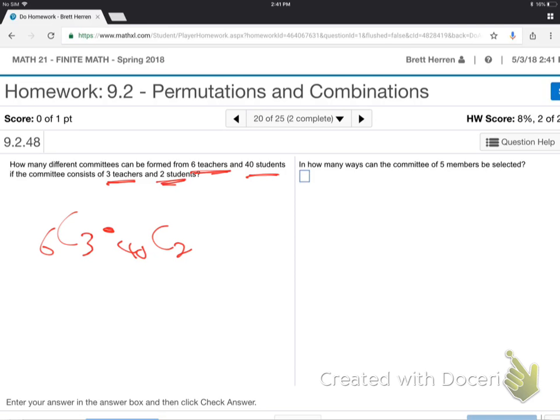We're picking a committee. Out of the 6 teachers, we got to pick 3. Out of 6, choose 3. And out of the 40, choose 2 students. And you times those together. We're always multiplying when you do more than one thing at the same time like that. Is that good on that? So 6C3, is this 20?